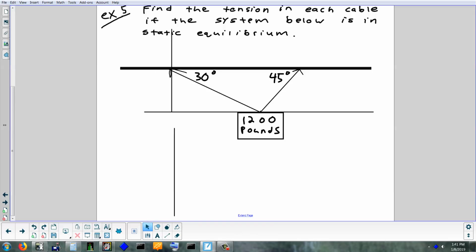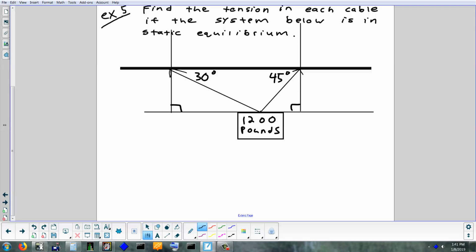It's longer than I need it, but that's fine. 1 there, and 1 there. So, how many right triangles do I have now? 2. 1, 2.